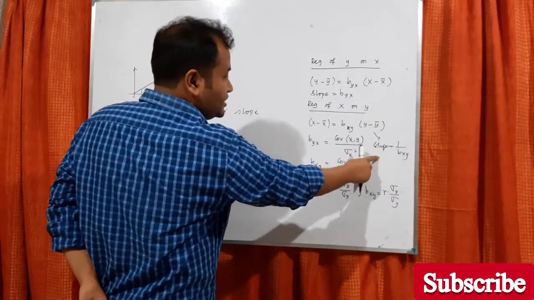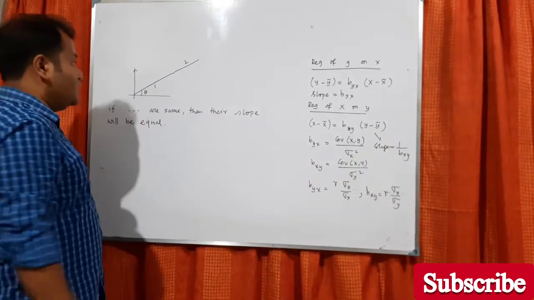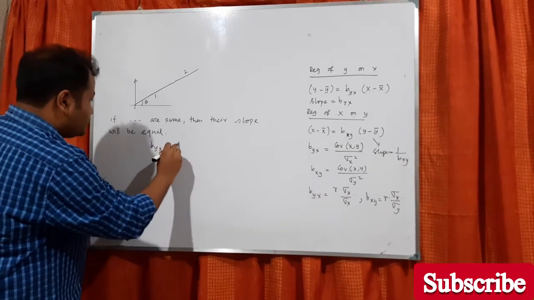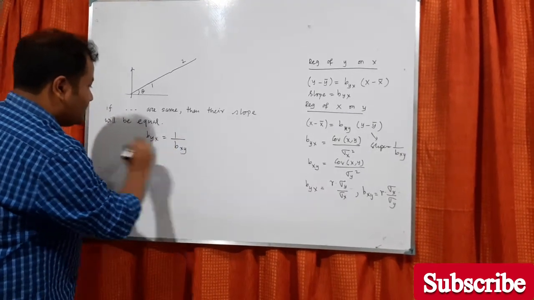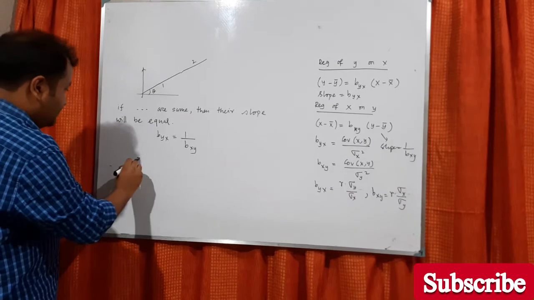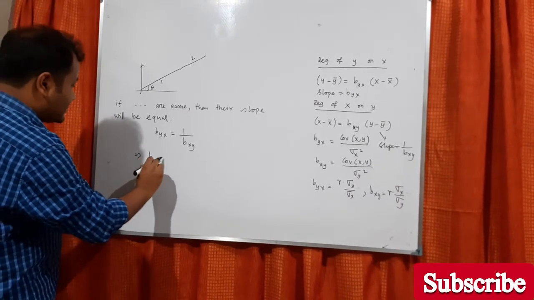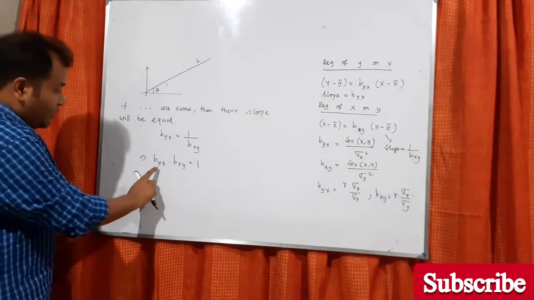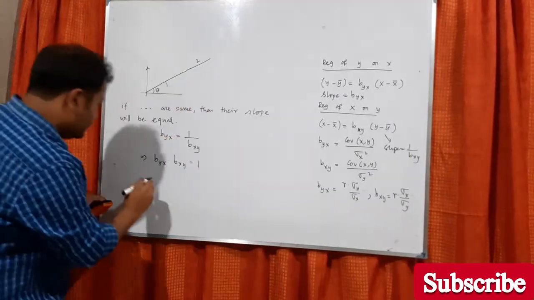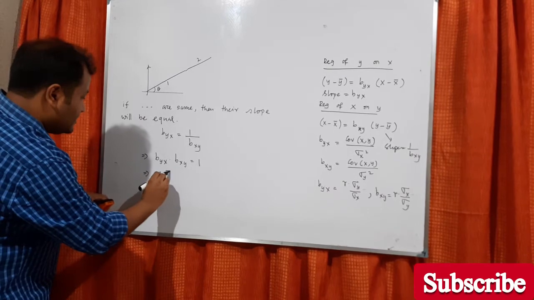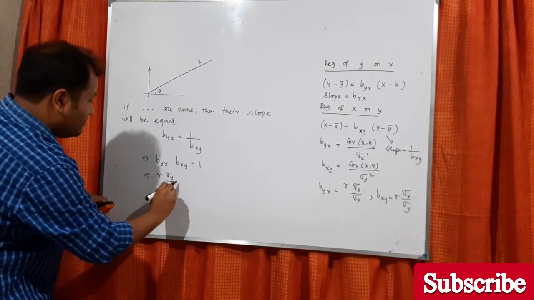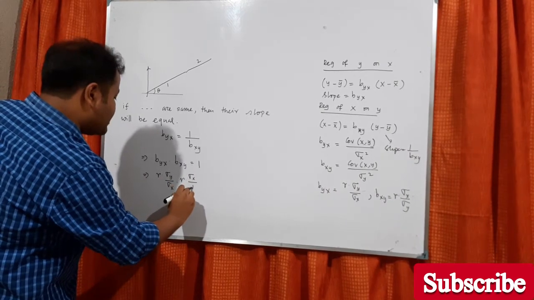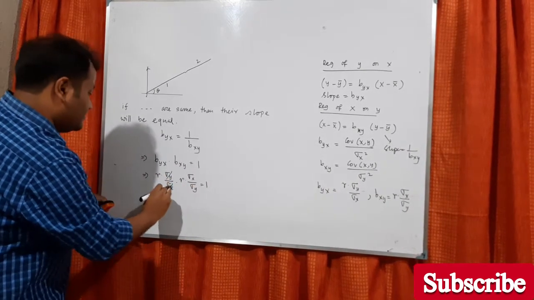What is the slope here? Byx. And here, what is the slope? 1 by bxy. So that means byx equals 1 by bxy. That means byx into bxy equals 1. Now what is byx? r sigma y by sigma x, and bxy is r sigma x by sigma y, and the product equals 1.